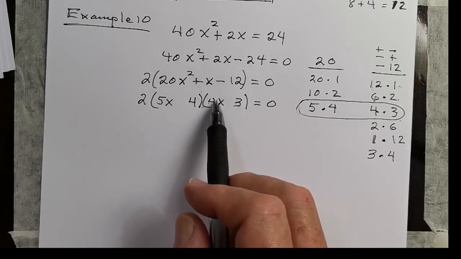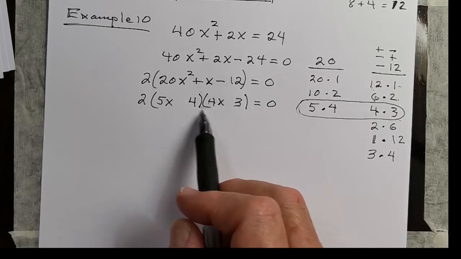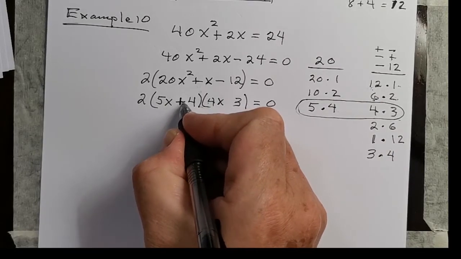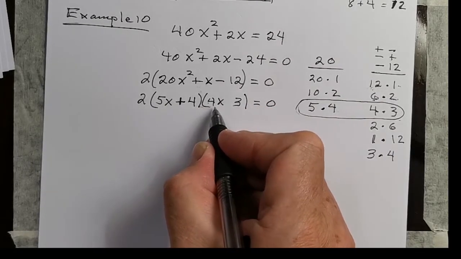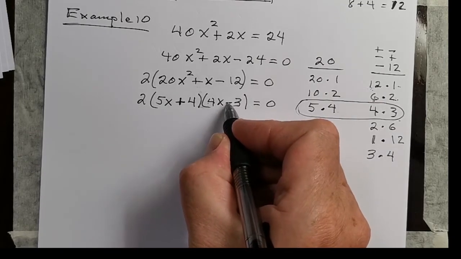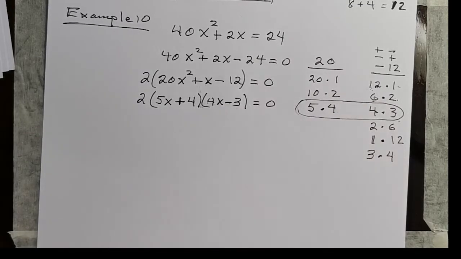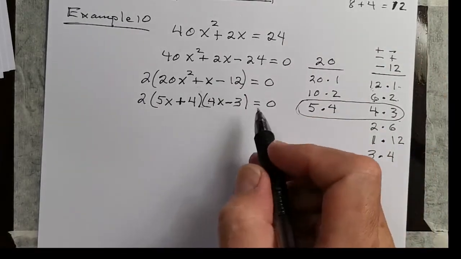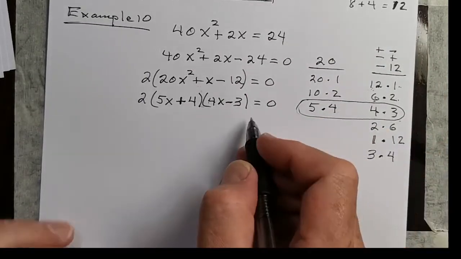And 4 times 4x is 16x. So 16x is bigger. This must be a positive here. So that positive 4 times positive 4x will be positive 16x. And then I will be adding to that a negative 15x, or subtracting 15x, which will give us the positive 1x. So here we have our factored expression.